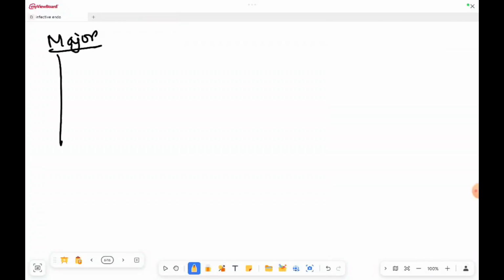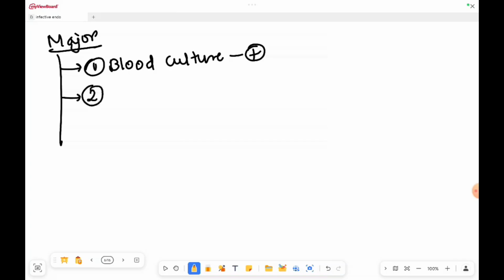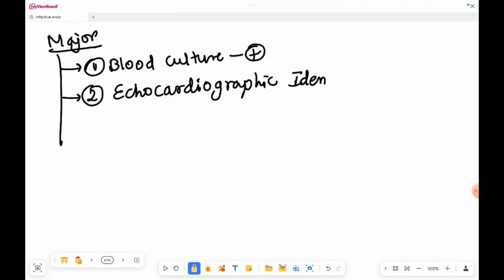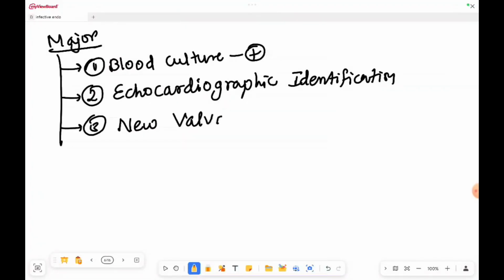So first we will see major criteria. First one is blood culture should be positive for causative organism. Second one is echocardiographic identification. And third will be new valvular regurgitation.